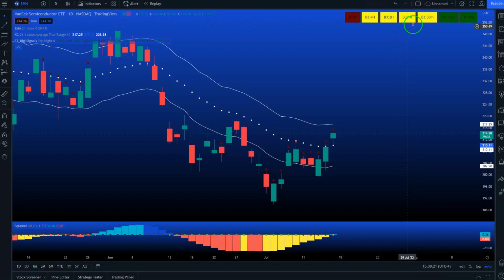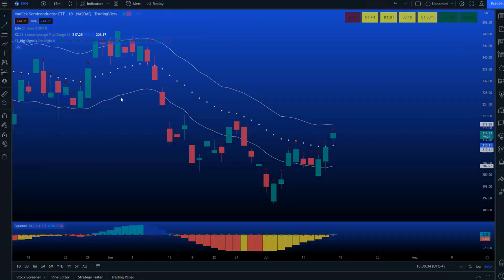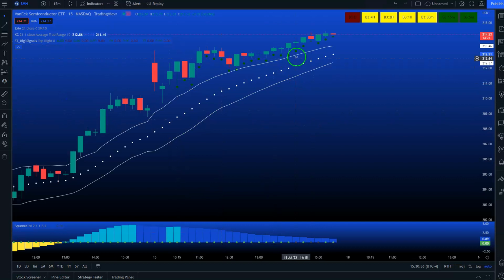Then we begin to transition, not always, but sometimes, from yellow to green, neutral to bullish. So for the semis here, 15-minute and 5-minute, green big three, and if we look at the 15-minute chart, you did have a squeeze here on the Squeeze Pro earlier.